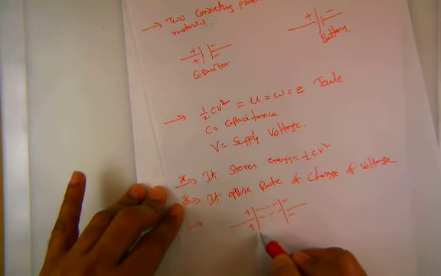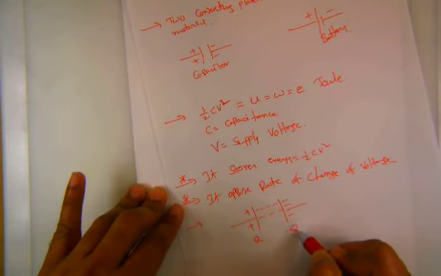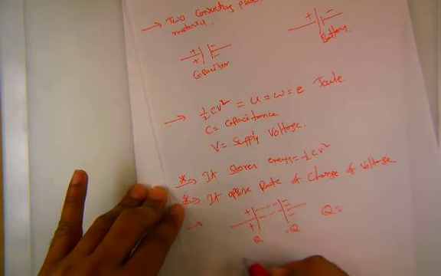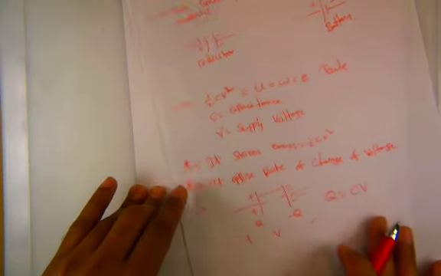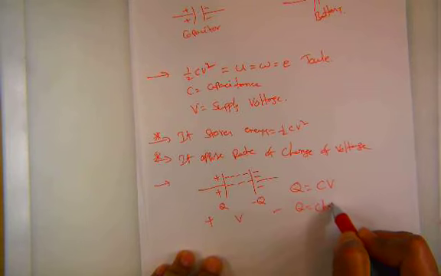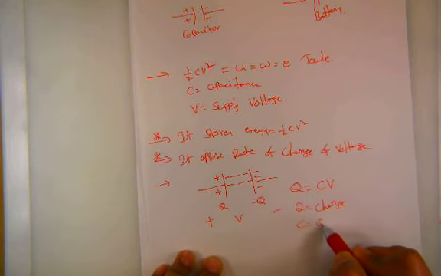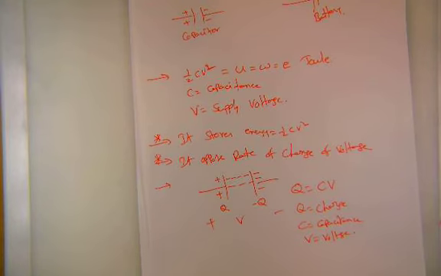So this plate is the positive plate, it is going to have an amount of charge Q, and the negative plate is going to have negative Q. Q equals CV, where C is the capacitance value, V is the voltage across the capacitor, and Q is the charge. That's another important formula you need to remember.